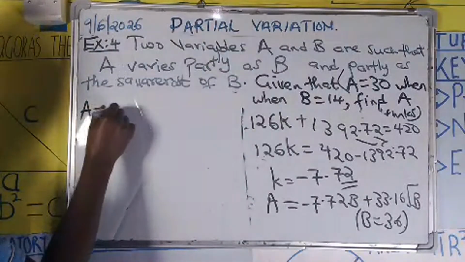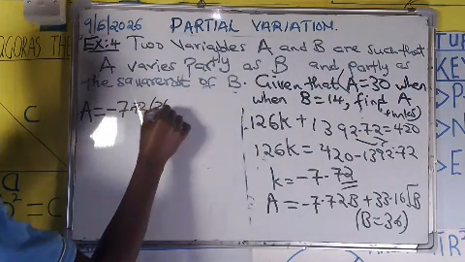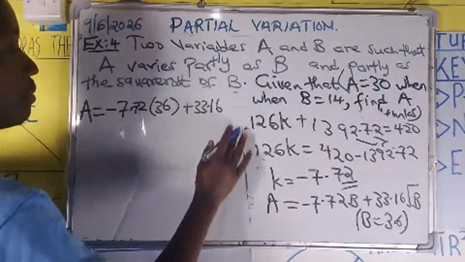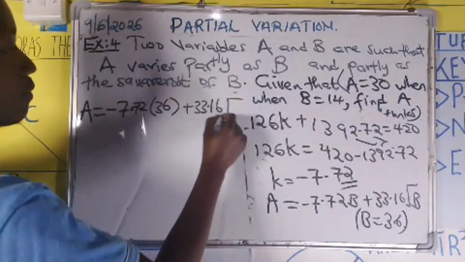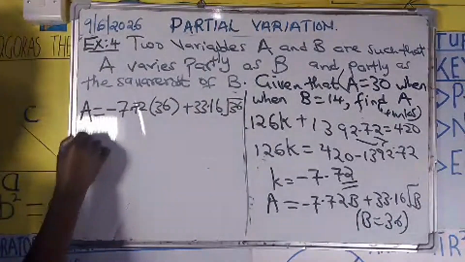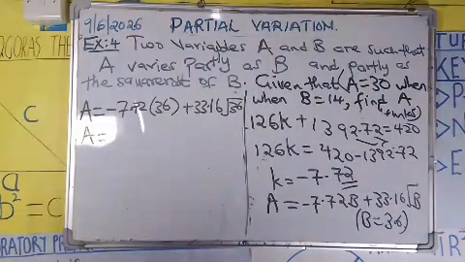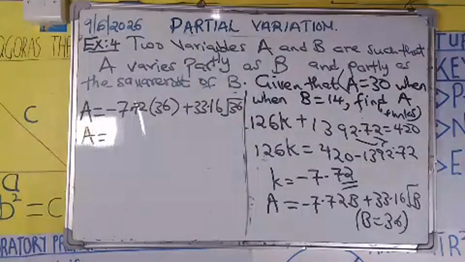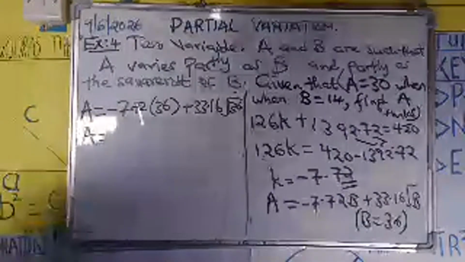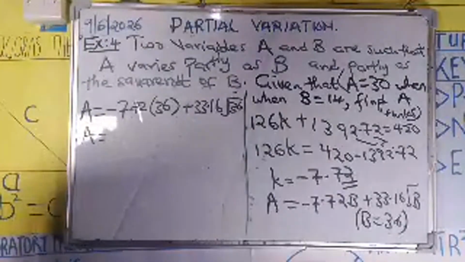A is minus 7.72, B 36 plus 33.16 times the square root of 36. So A is equal to negative 7.72 times 36.